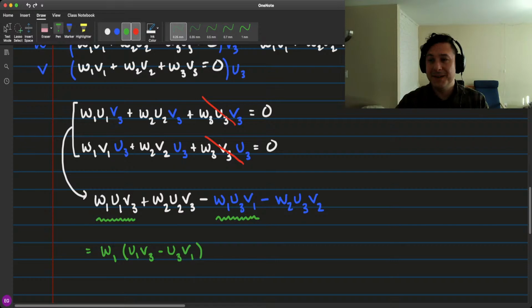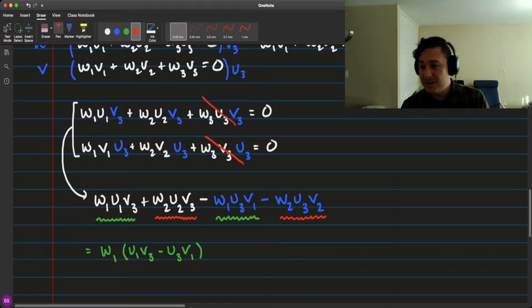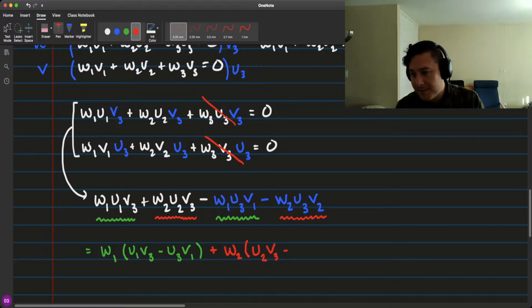Okay, and now you look at this term, and this term, they share a W2 in common. And if you factor it out, you get U2 V3 minus U3 V2.